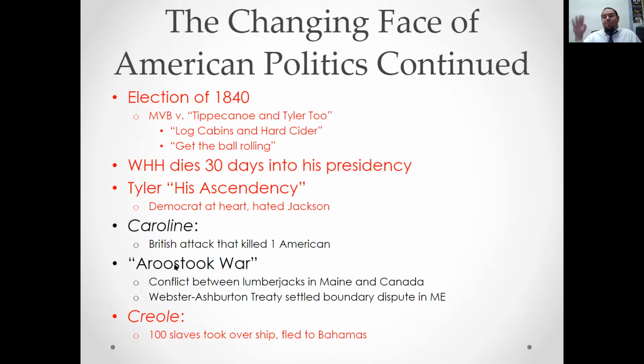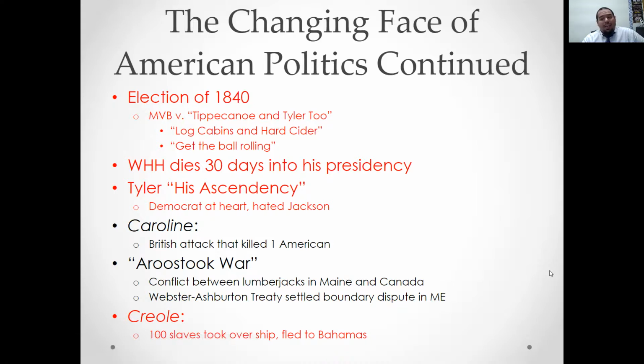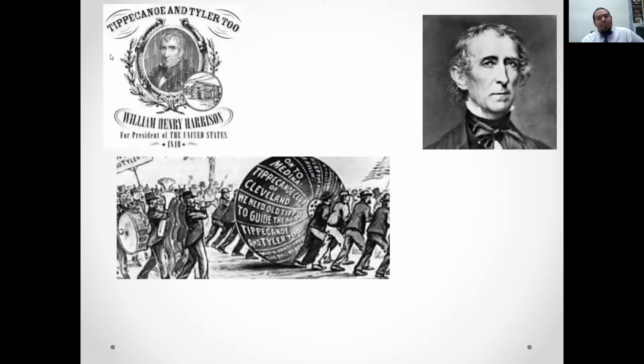Because as you know, Maine's not the end; there's land above Maine that is part of Canada. And you have the ship the Creole, where hundreds of slaves took over the ship and fled to the Bahamas. That's going to worry a lot of Southerners, who fear being overthrown and their ships taken.